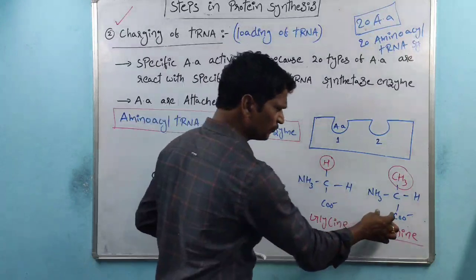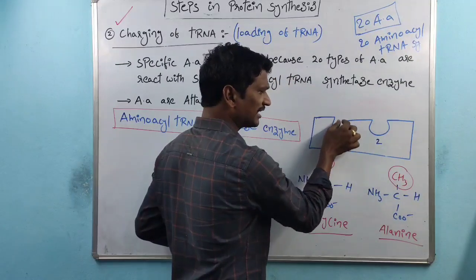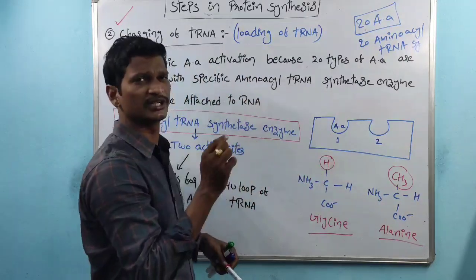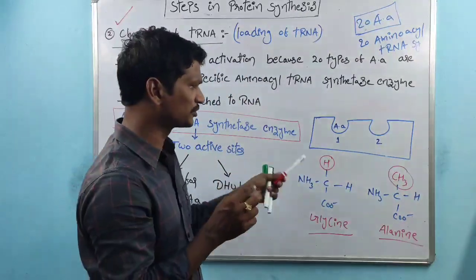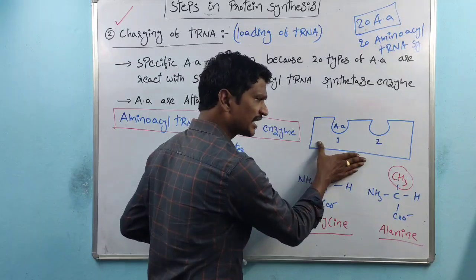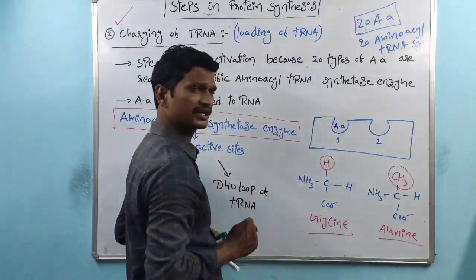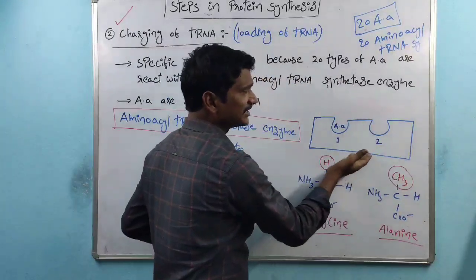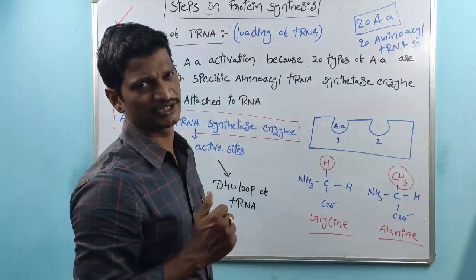For suppose if alanine comes here, the alanine amino acid does not fit in the active site, because this enzyme only interacts with glycine. For suppose an alanine-interacting amino acid tRNA synthetase enzyme is there.